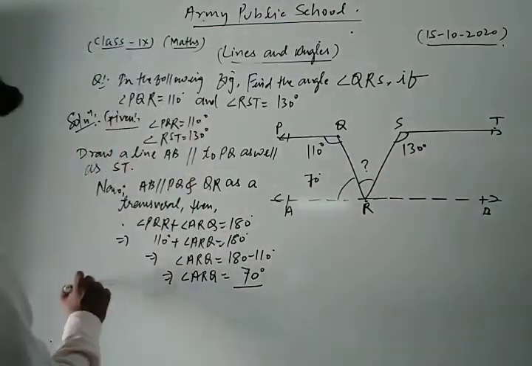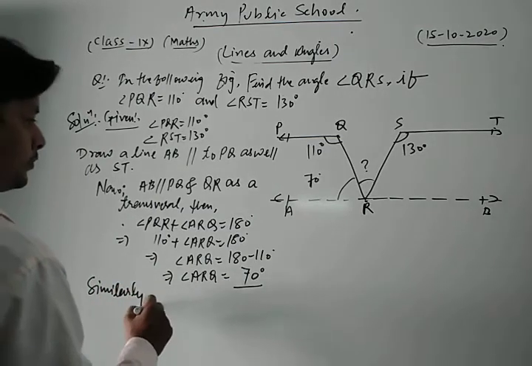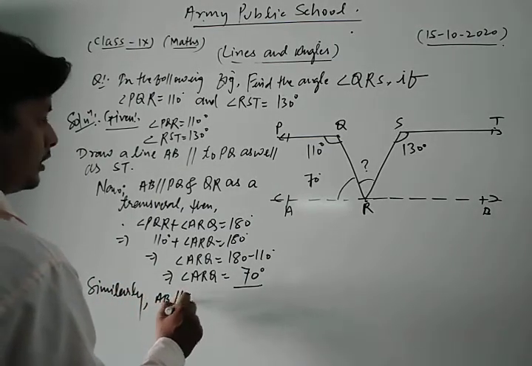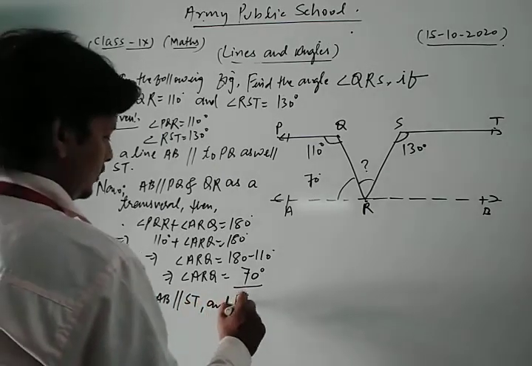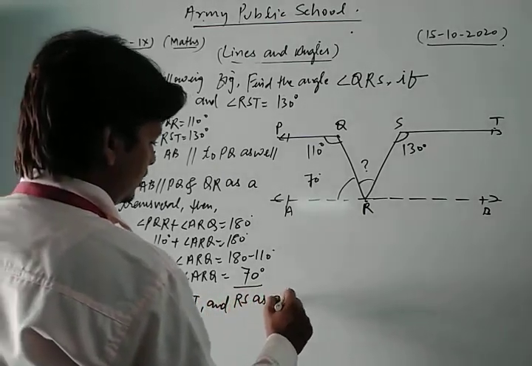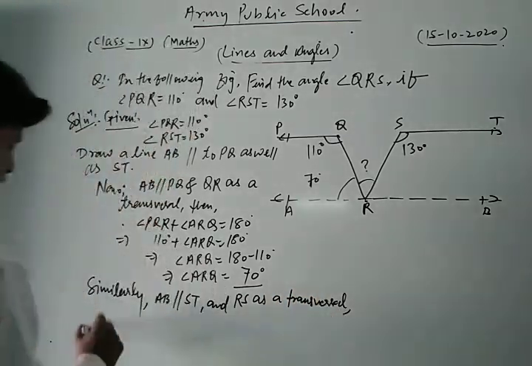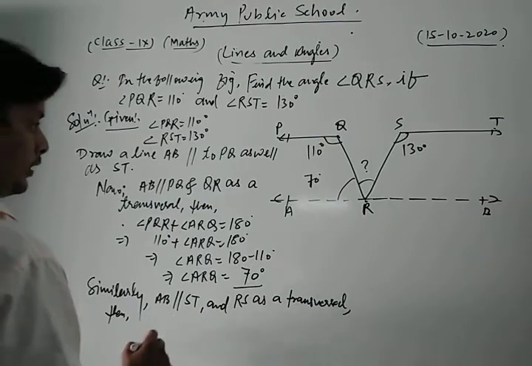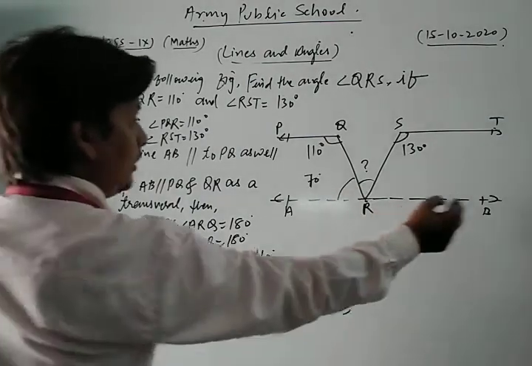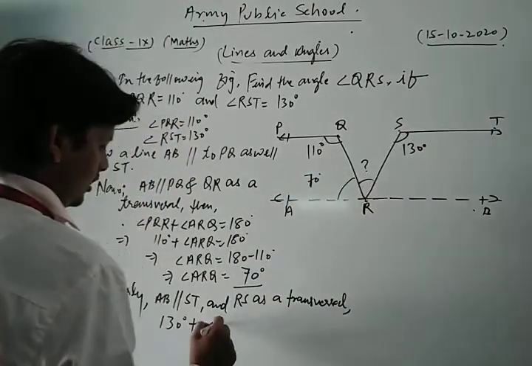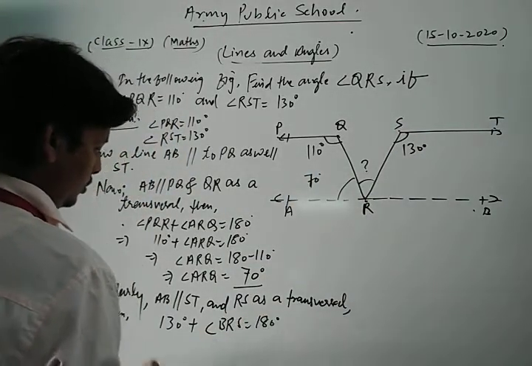Similarly, AB parallel to ST and RS as a transversal. Then 130 degrees plus angle BRS is equal to 180 degrees.